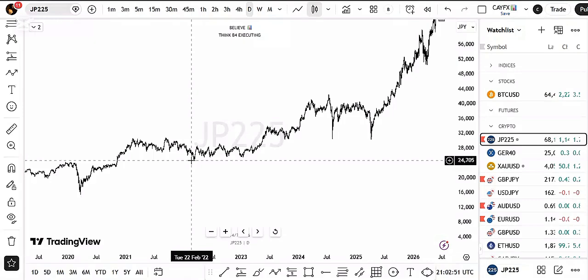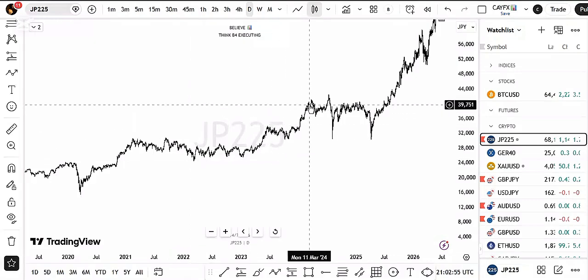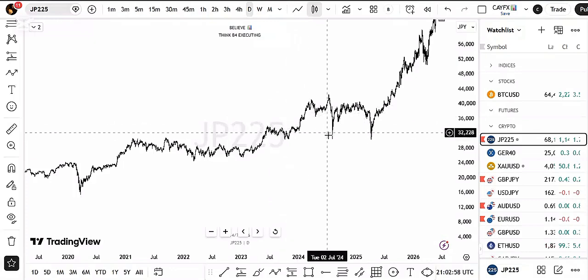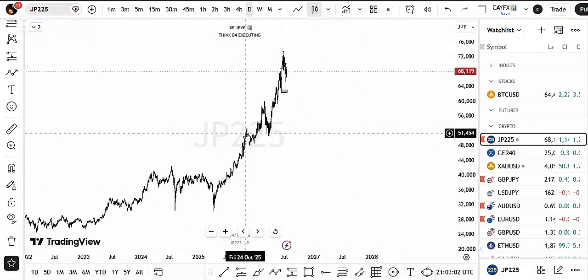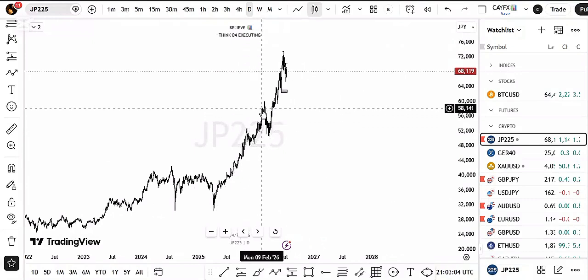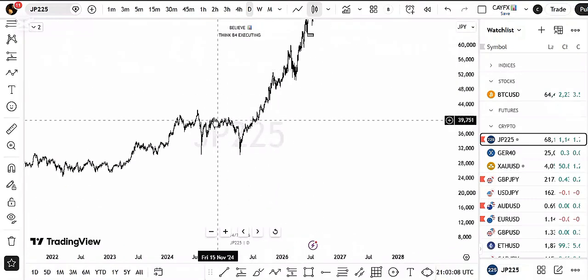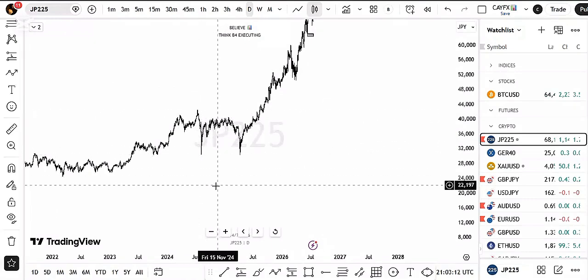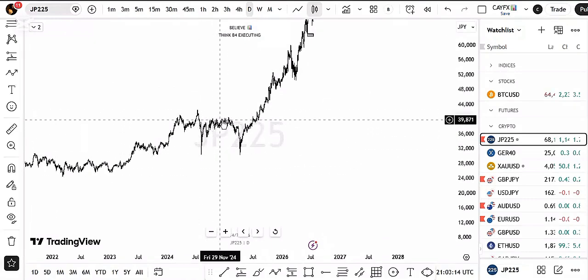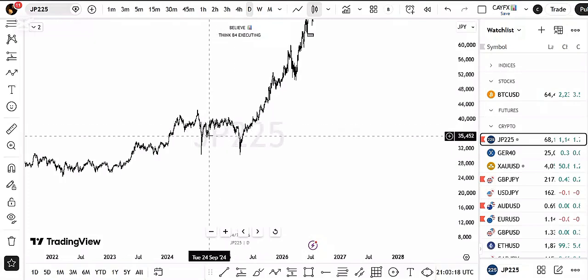Are you getting my point? This is the obvious high, this is the obvious low, this is the obvious high, obvious low, high, low, high. Now, I will tell you why we are picking all these external, obvious highs and lows, and why we are not picking these internal liquidity and internal structures.